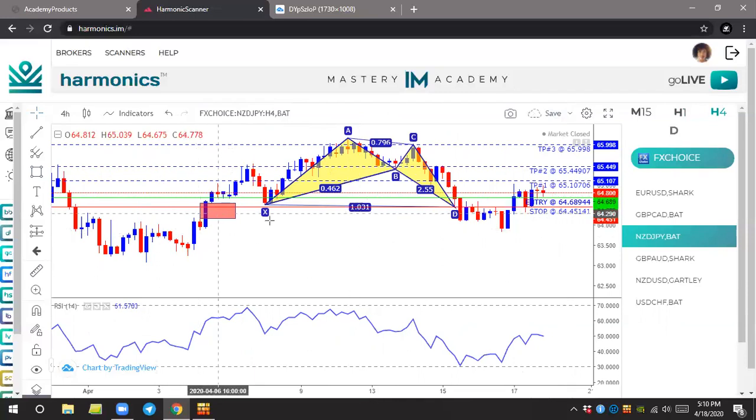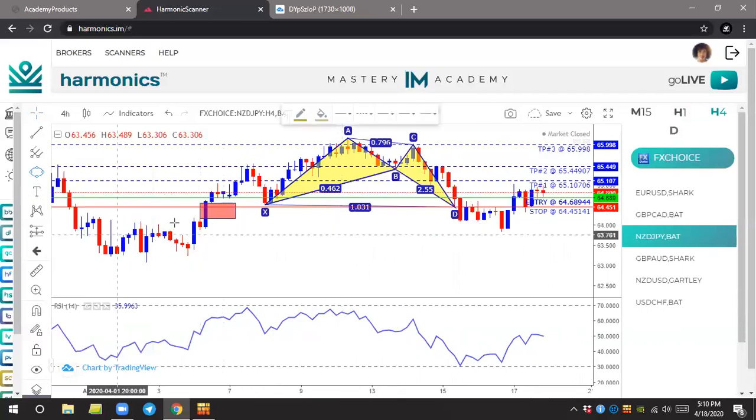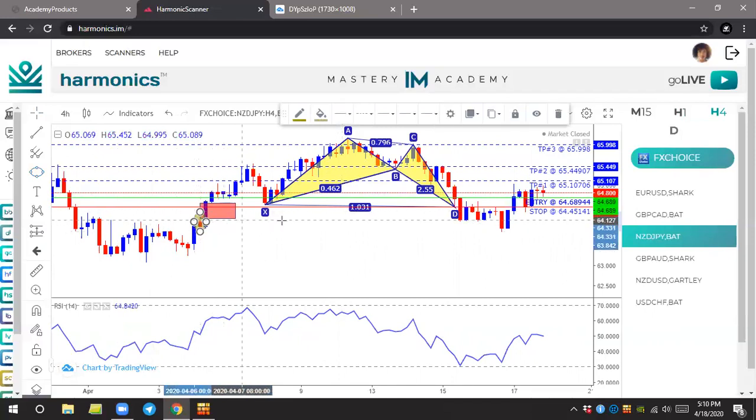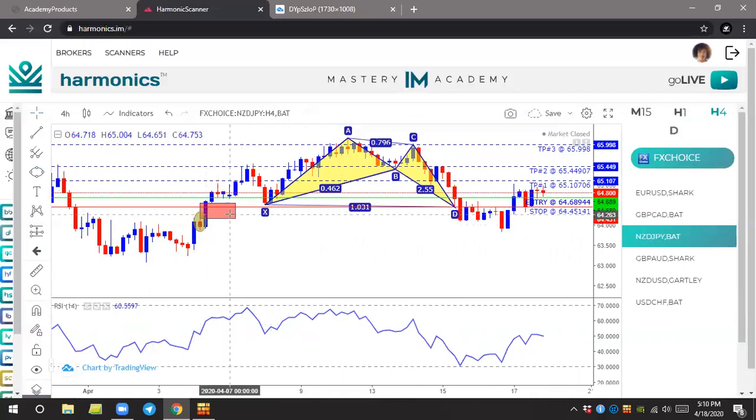We had an order block right here, and we do have an order block right here. And so what price did was it said, I'm not going to respect this level because there's still money below. There's still money to collect below, right? And so what did they do? They came down here and they set some equal lows pretty much from the D to X.